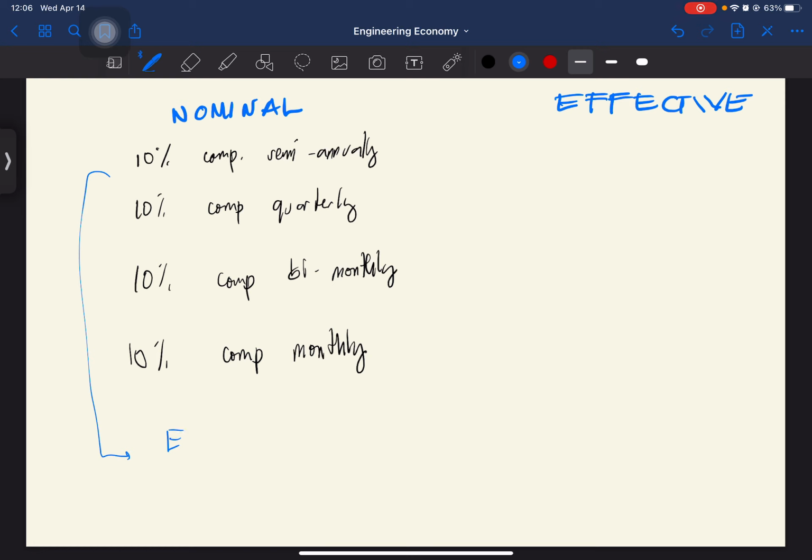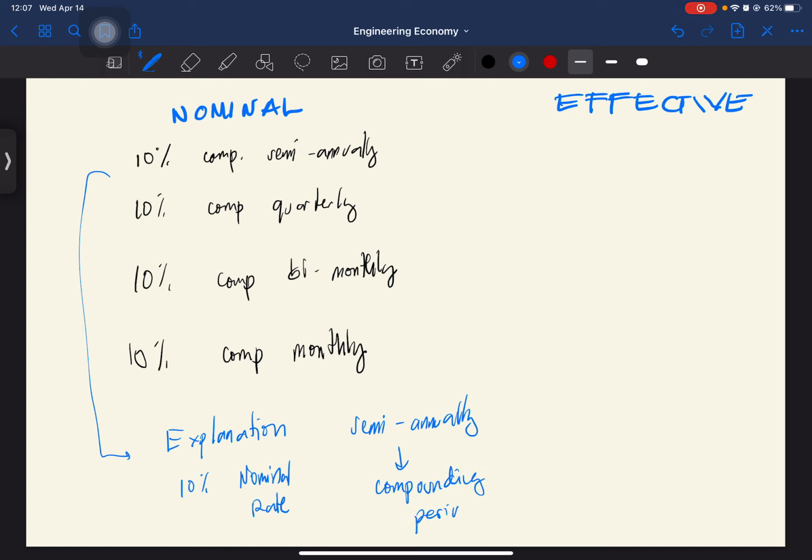Ang ibig sabihin ng 10% compounded semi-annually. Ito yung 10%, yung rate. Tama? Tapos, yung nominal rate. Tapos, yung semi-annually na word doon sa nominal interest rate na yun, ito yung compounding period.